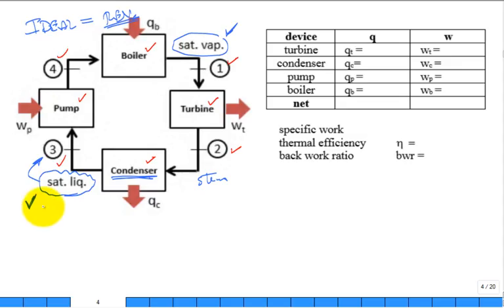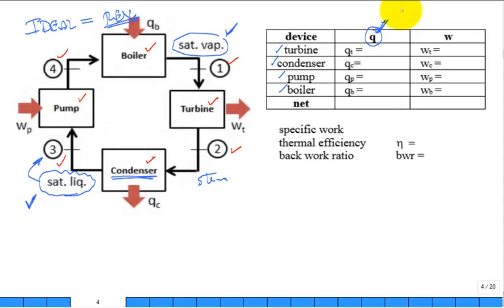Let me ask this. There are Qs for each of these 4 devices: the turbine, the condenser, the pump, and the boiler. The Qs, okay, these are the heat transfers, right? 2 of these devices definitely have non-zero heat transfers.